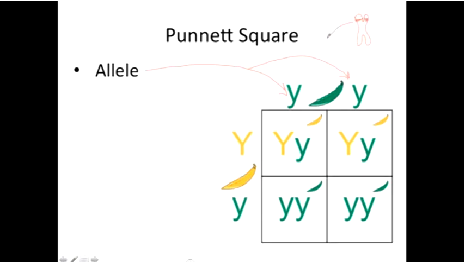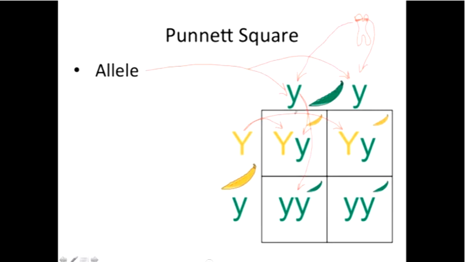Well, one allele goes to this side, and one allele goes over here. That's for one parent. And then the other parent would have two alleles here. Then the way you fill out a Punnett square is you draw that allele here and that allele here, and then this one gets copied over and that one gets copied over. What this does is it shows you the probability for the possibilities on that one trait for the offspring.